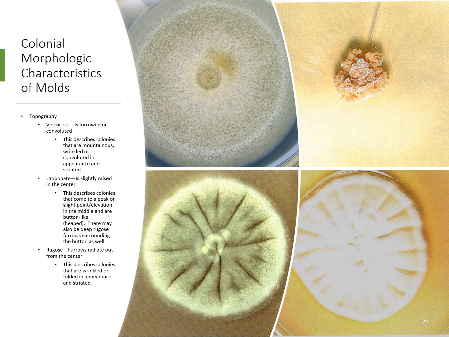So when we talk about the topography and the characteristics of mold growth, we are referring to how it looks as far as the smoothness of it or the roughness of it. So when we talk about something being varicose, it's describing it being kind of mountain-like.